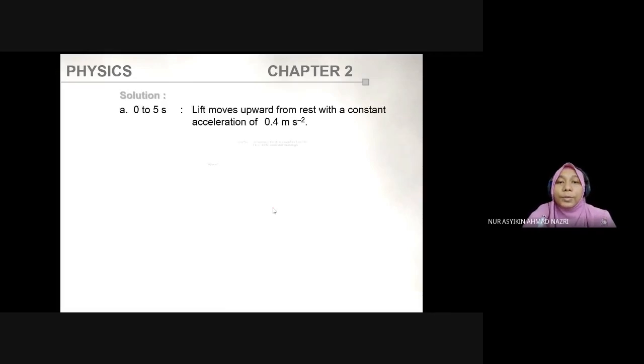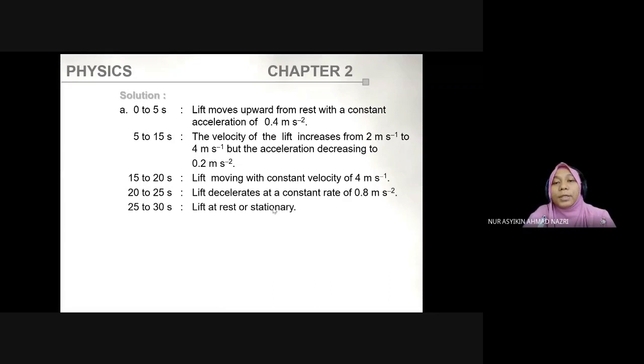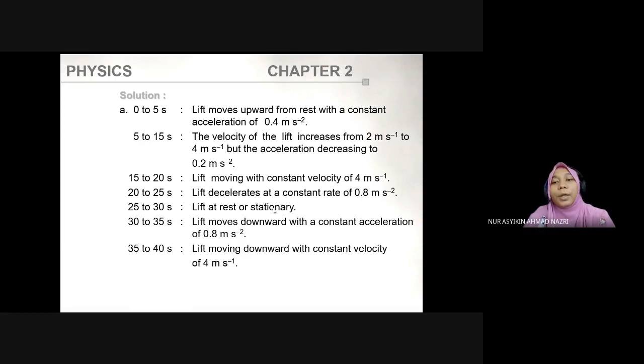Contoh. Okey, so dekat sini you may list your motion tadi macam kita cakap. So lift at rest or stationary. So when you say that the lift move upward from rest, kena mention the constant acceleration because we have beberapa time juga yang dia ada constant acceleration ni.